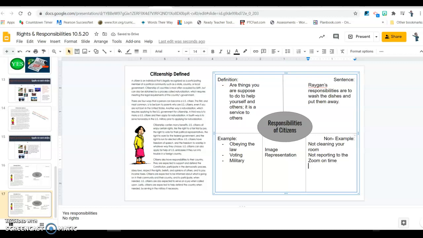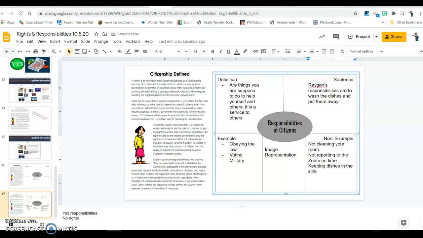And another response was keeping dishes in the sink.